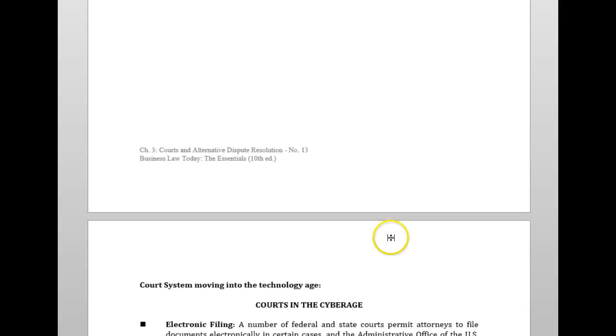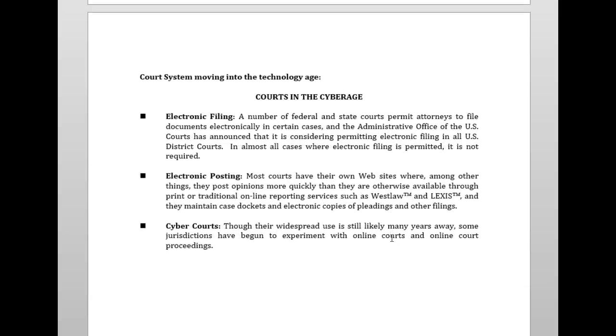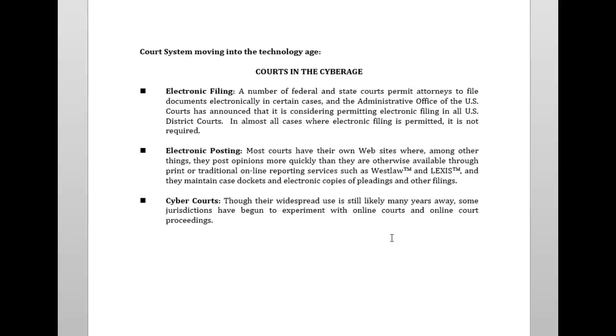One small bit of more information just to throw into this is that the court systems at this point in time are lagging in the technology area, which is somewhat why things move so slowly. I mean, there's a lot of hard copy going on there.